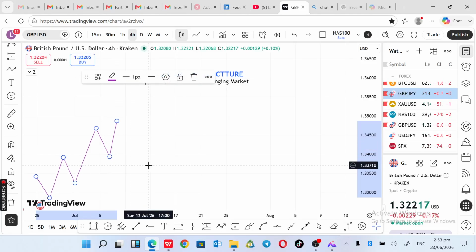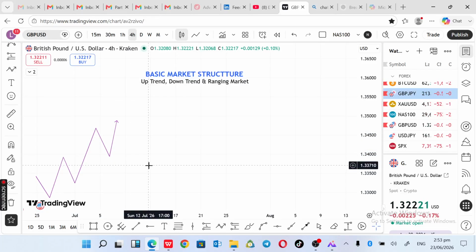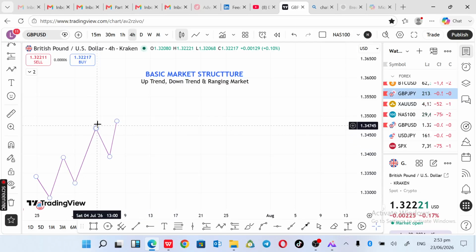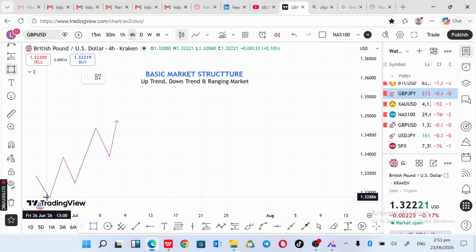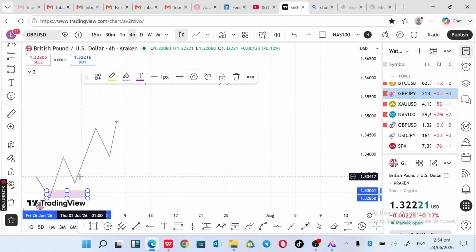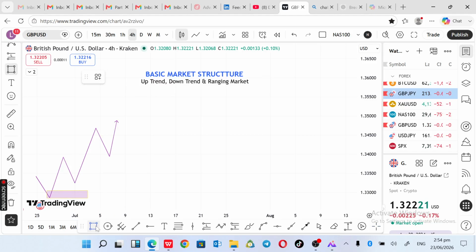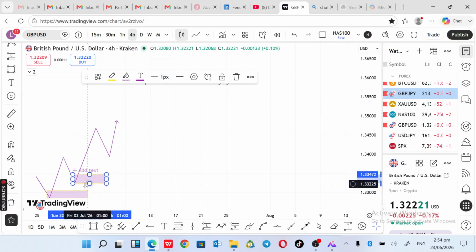The reason is because every point the market creates, when I say point, I mean the highs and the lows, is higher than the previous point. For example, let's look at the lows. When the market created this low over here, then it went up and created a new low. Let me mark it out. You will notice that this new low that the market created here is higher than the previous low. So this is what we call a higher low.